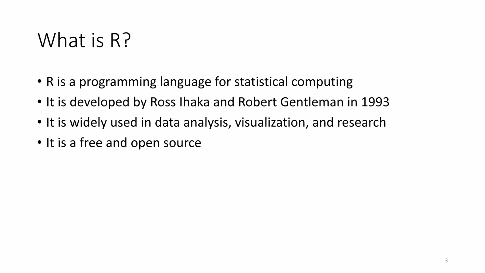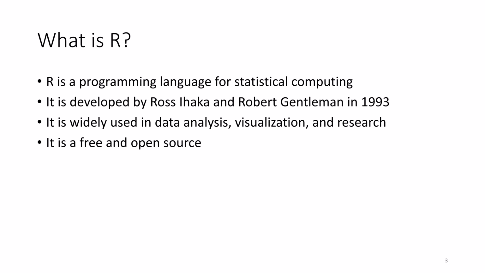R is a powerful programming language designed specifically for statistical computing and data analysis. It was developed by two statisticians, Ross Ihaka and Robert Gentleman, beginning in the early 1990s at the University of Auckland.